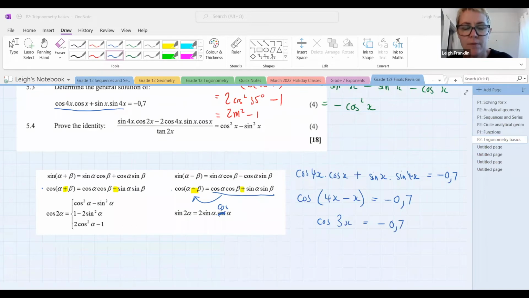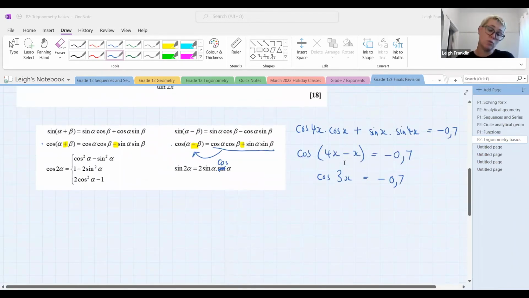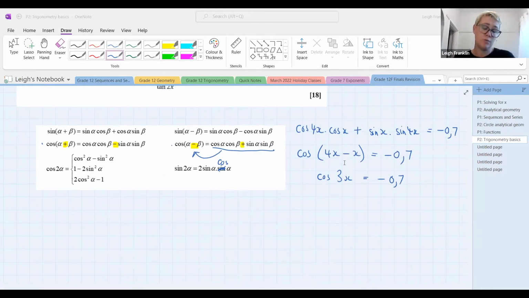Good. Okay. So now that I've got to this situation, this is what I always want with the general solution. I always want to get to a situation where I'm saying cos x equals, or sine x equals, or tan x equals. Once I've got there, then I'm ready. You are allowed to simplify. You must simplify. Often with general solutions, they can be so creative.